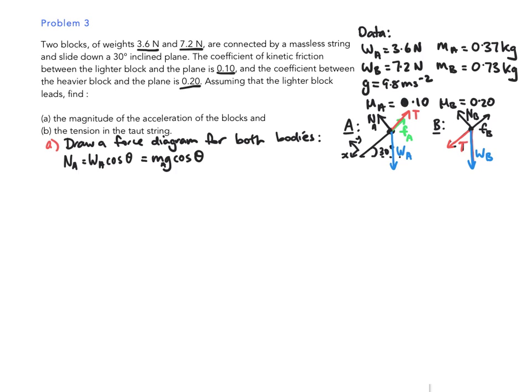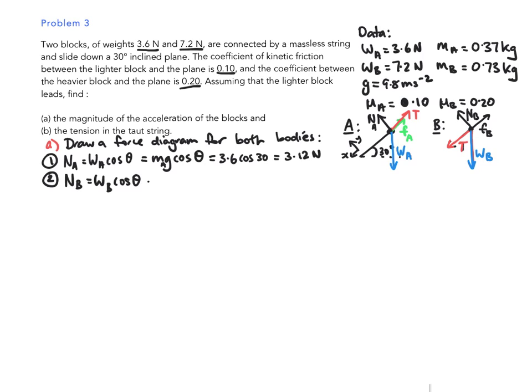So we can put values into that. We get 3.6 cos 30, which is 3.12 newtons. So we have the size of that normal force. This is useful information for later on. NB is just going to be WB cos theta.